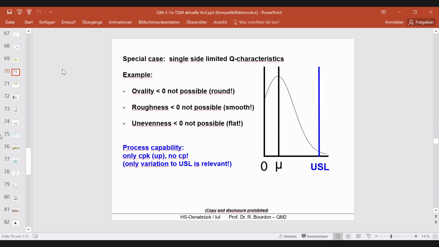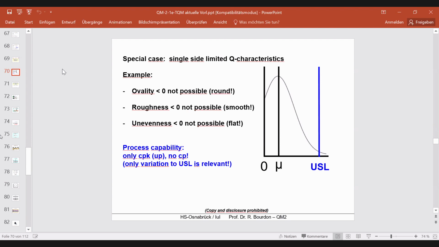And then this also is a special case here, single-sided limited quality characteristics. Just some examples: the ovality. If the part is not exactly round, it cannot be lower than 0 because then it is round.